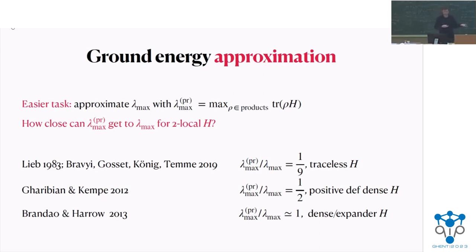But even if you don't have these nice properties, at least you have an order 1 approximation, right? So the ratio between the maximal value you can get with the product state and the actual ground state energy is at least order 1.